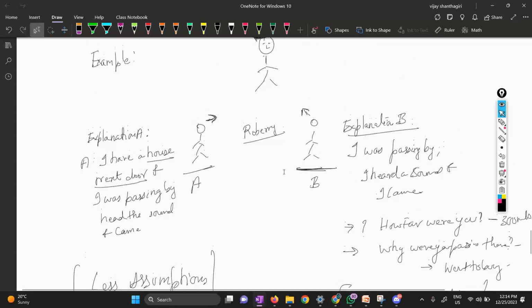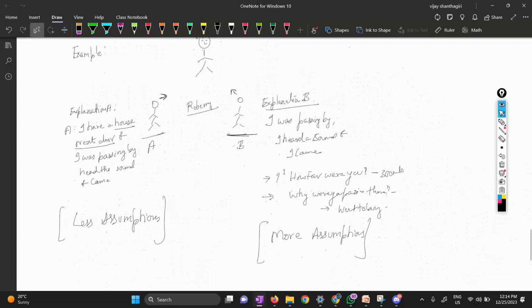Now for Occam to accept him as the person saying the truth, he will have to do with less assumptions to get to the truth. But here, to say B is right, he will have to assume that somebody from 300 meters away can really listen to a sound. Means what? Hidden assumptions: someone from 300 meters away can hear the sound.